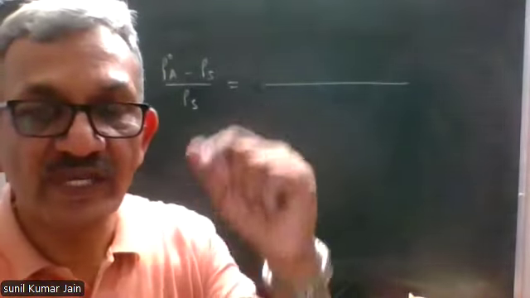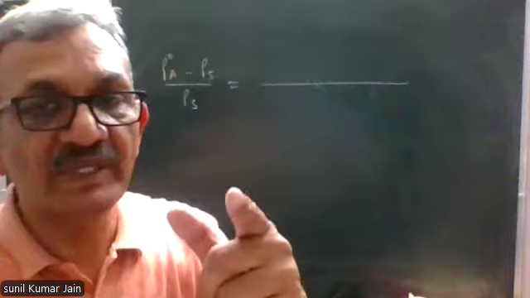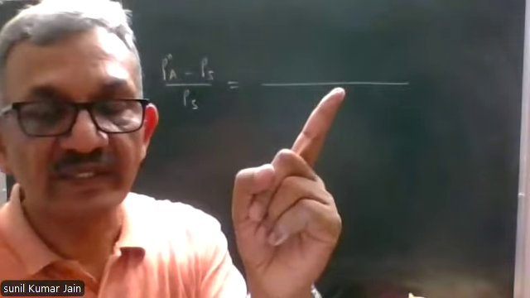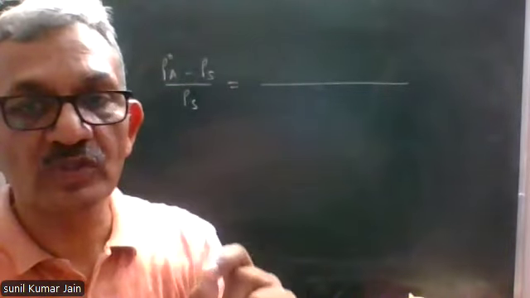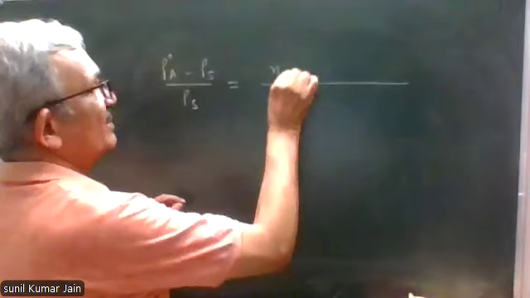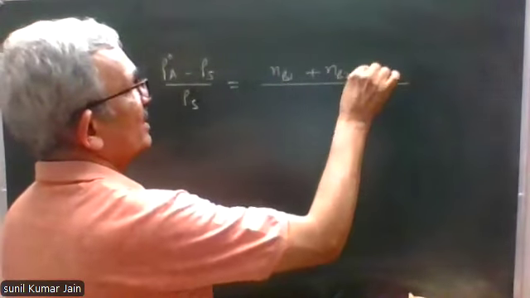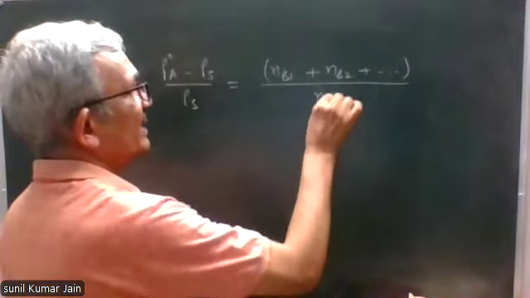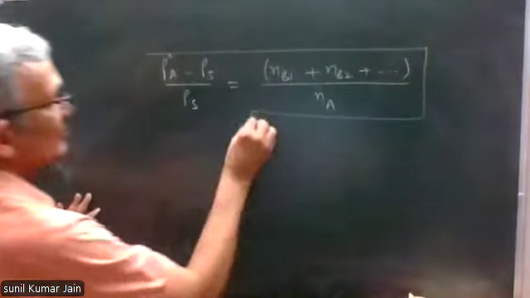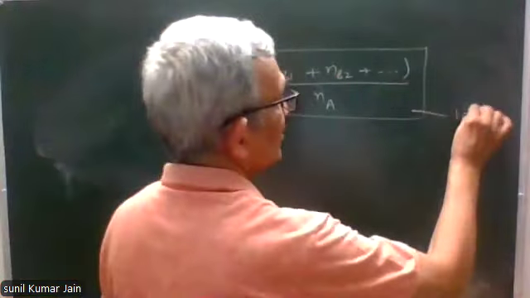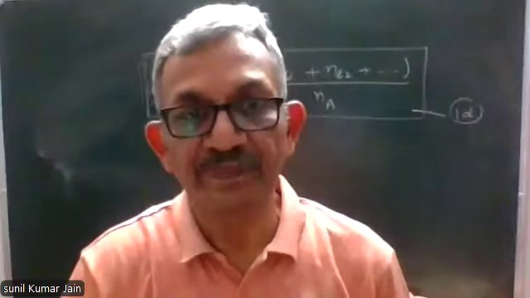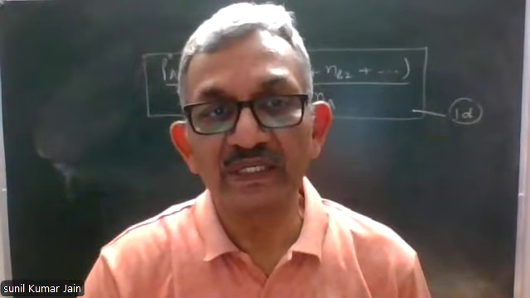I'll repeat, earlier it was NB divided by NA. And what is NB? Number of moles of non-volatile solute. Now in the numerator, we add the number of moles of all non-volatile solutes. So it will be NB1 plus NB2 and so on, divided by number of moles of solvent. This becomes equation 1D.